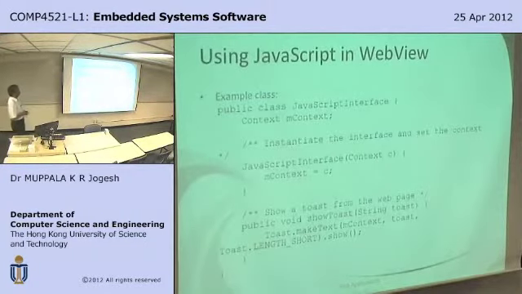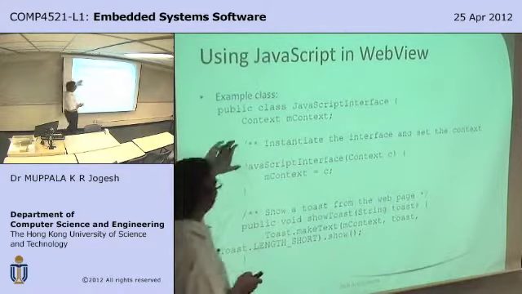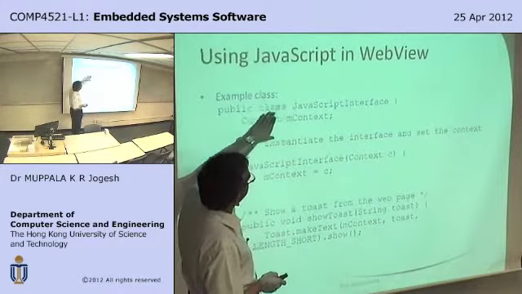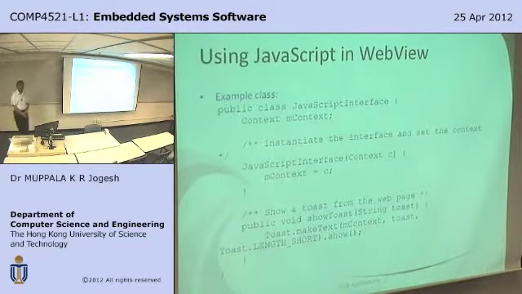How is it done in practice? You could easily do that. Say, for example, you want to make use of the toast that is part of Android. You all know how toast is used in Android, right? If you want to pop up a temporary message on the screen, you make use of toast. Can you do the same toast from JavaScript? For that, you declare a public class called JavaScriptInterface.